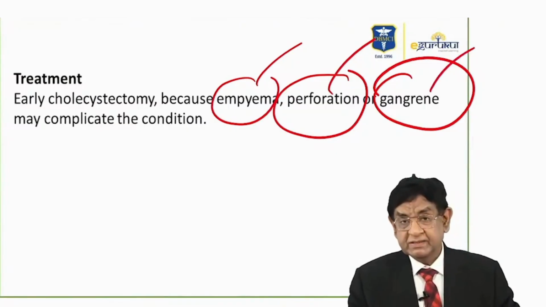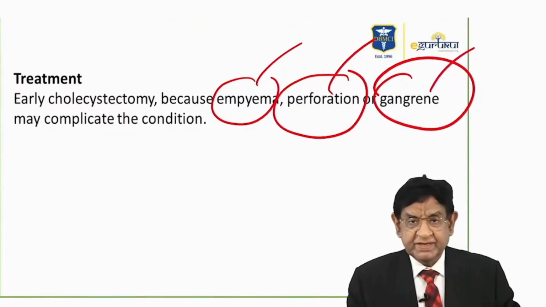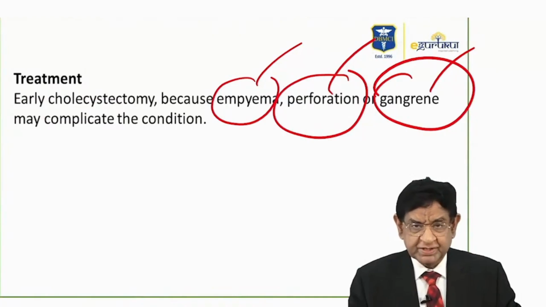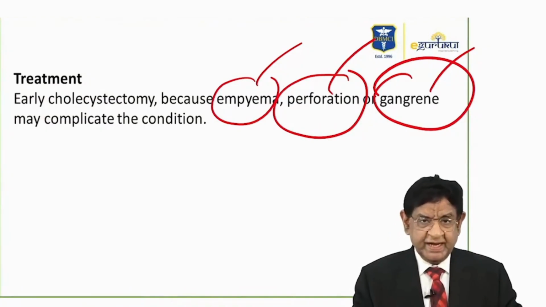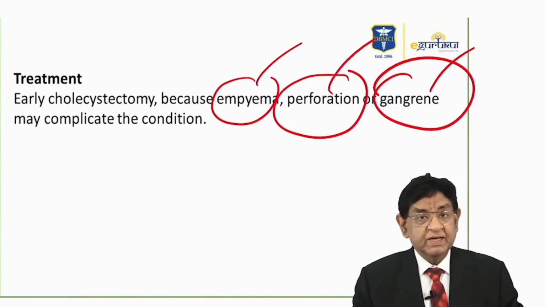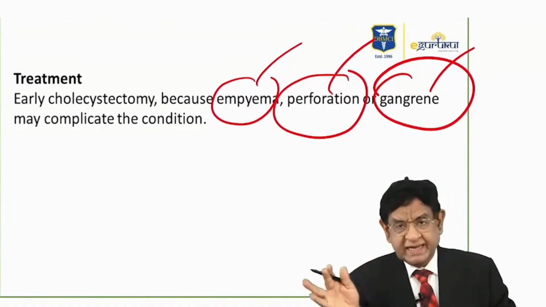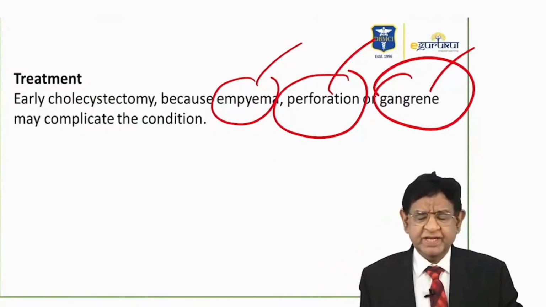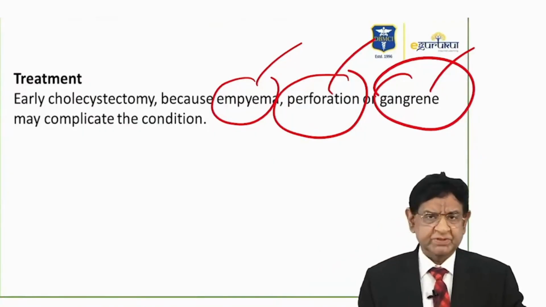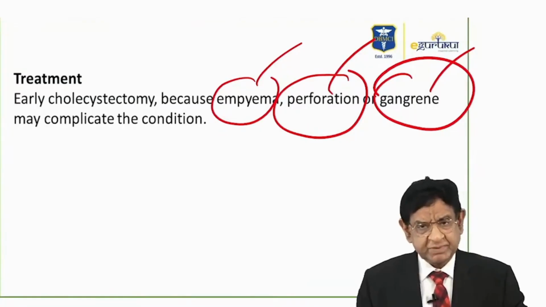The condition itself is very benign, but it can land up in severe problems. So this one we have to do urgently. Of course, it is elective surgery, but you cannot delay. You can't say, okay, we'll see after one year. No, get it operated as early as possible. Elective surgery, but urgent surgery.